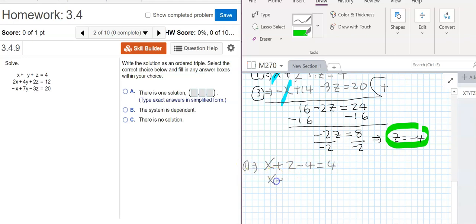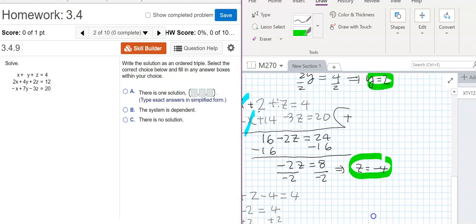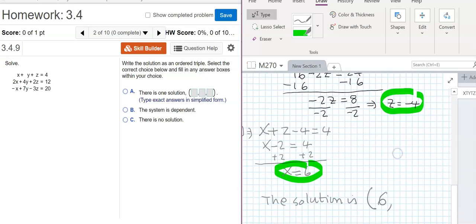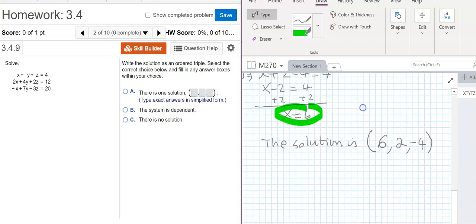That means x - 2 = 4. You add 2, so x equals 6. So you have x equals 6, y equals 2, z equals -4. So you write the solution as (6, 2, -4), x first, then y, and then z. Okay, so that is number 2.